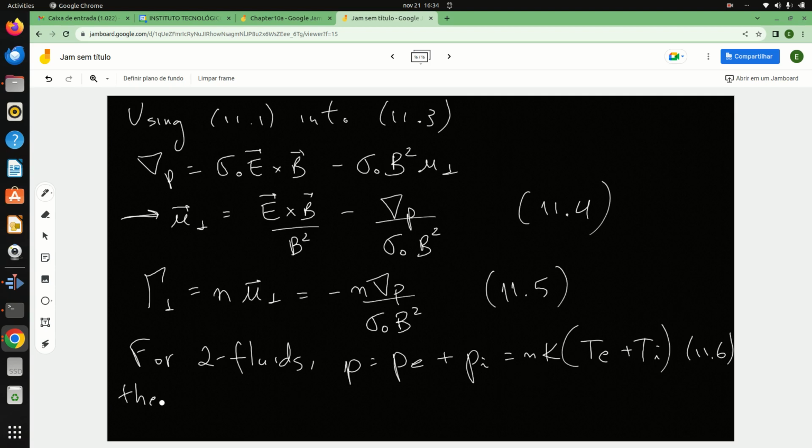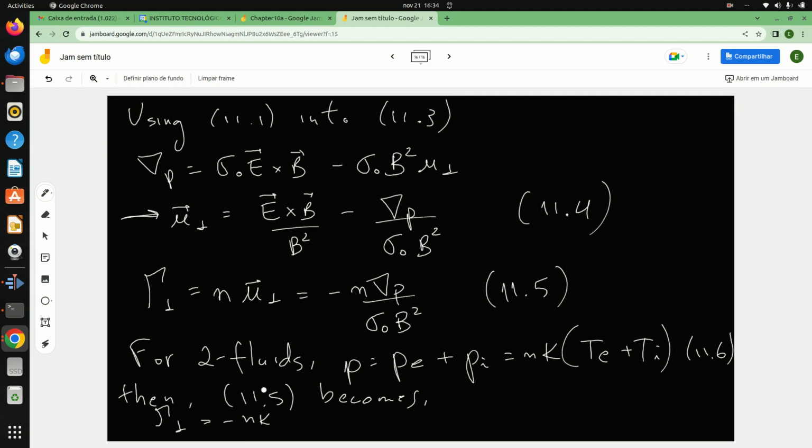Then 11.5 becomes gamma perp is equal to minus nk.